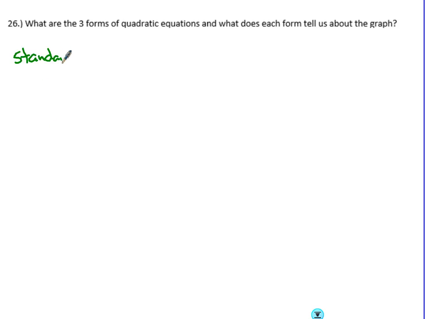Standard form, intercept or factored form, and vertex form.